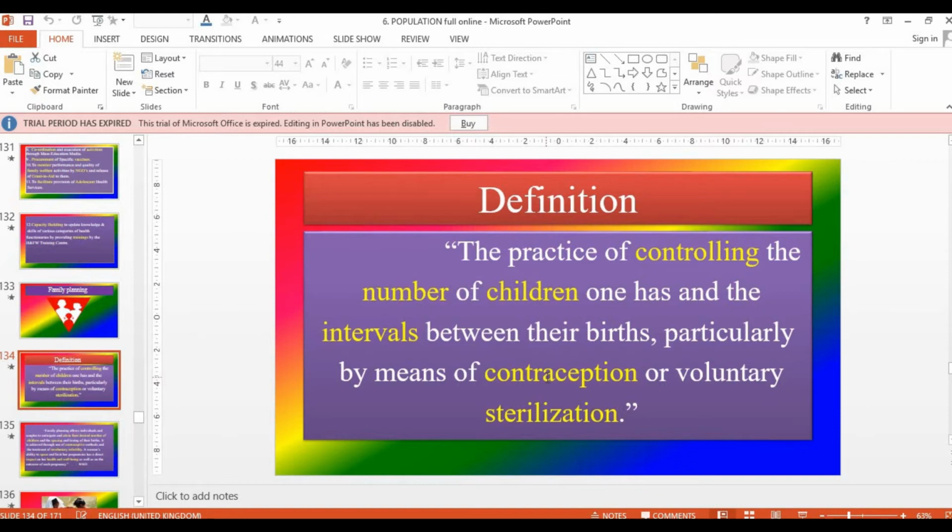Keywords: control number of children, intervals between birth, then contraception, sterilization.